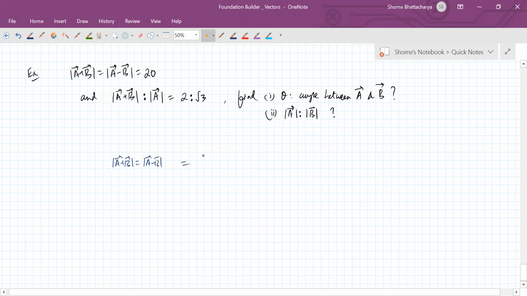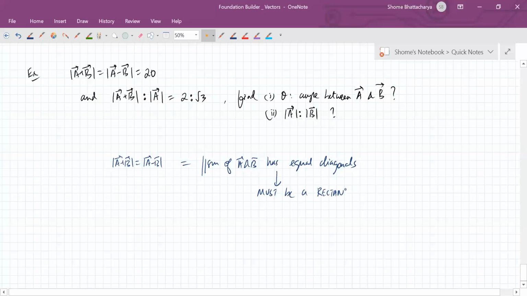That means the parallelogram of a and b has equal diagonals. Immediately that tells you that it must be a rectangle. There's no other case possible. So theta must be 90 degrees. You don't need to apply any formula and all that.